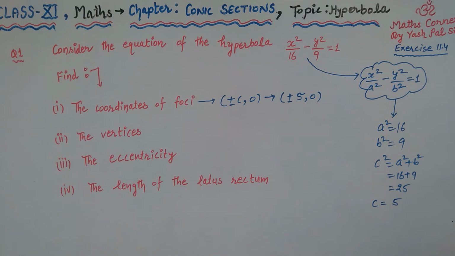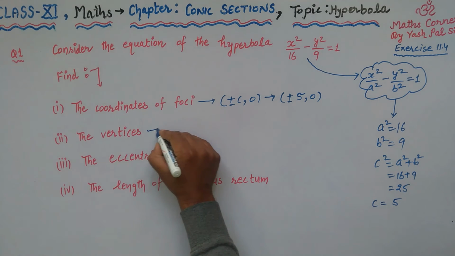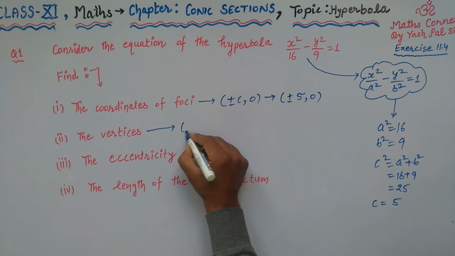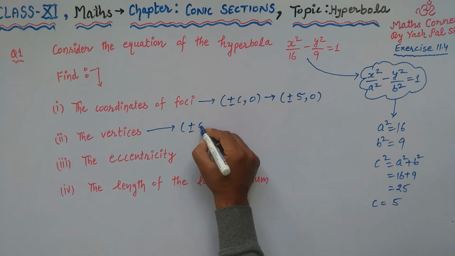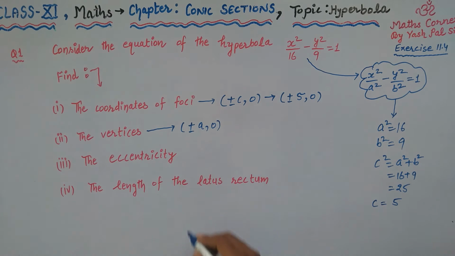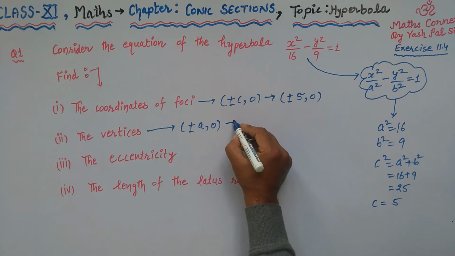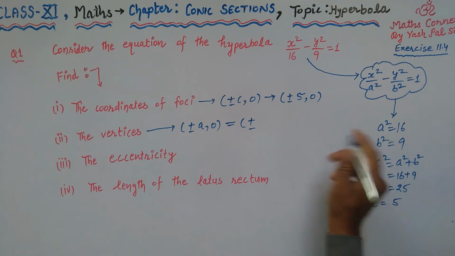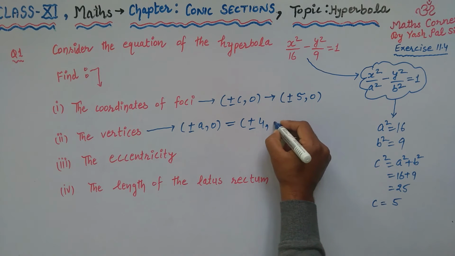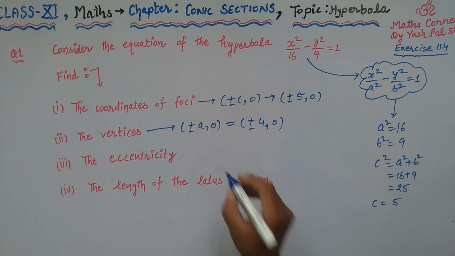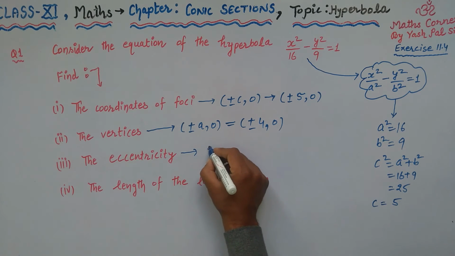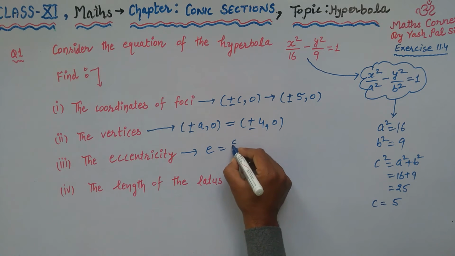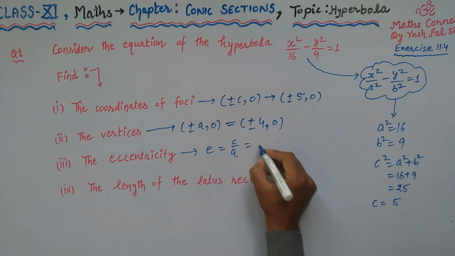Right, now coming to the vertices. Vertices in this question are plus minus a comma 0. So here we say equal to plus minus, what is a? This is 4 comma 0. Now eccentricity, e is equal to c upon a. So what is c?